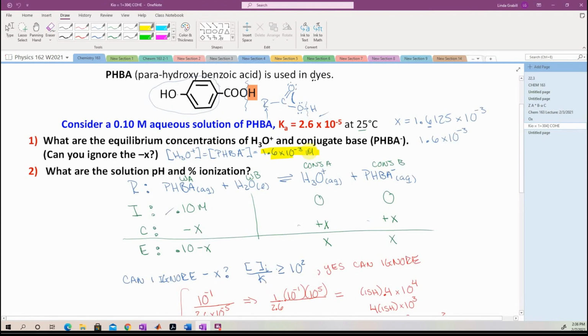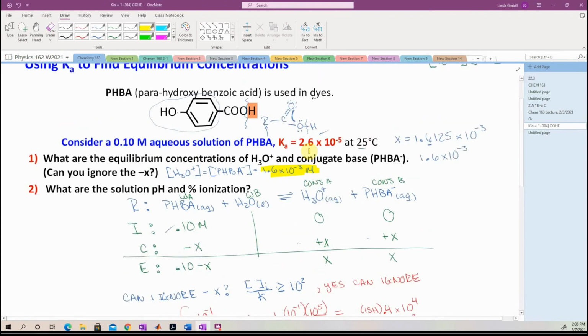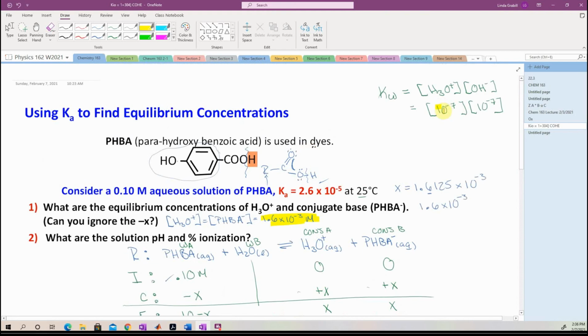And autoionization of water, remember, is 10 to the negative 7. So it would be equal for both. So 10 to the negative 7 is many orders of magnitude smaller than what we came up with for our hydronium concentration. So that tells me that it's going to be insignificant.